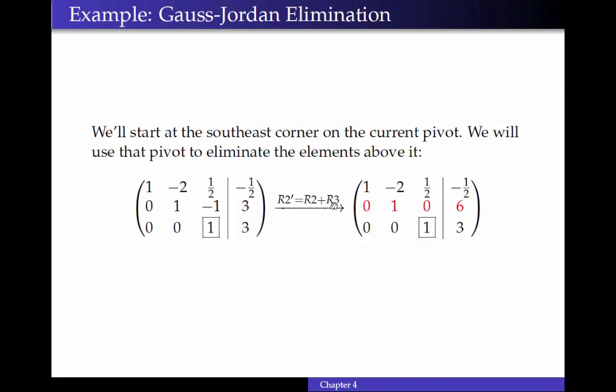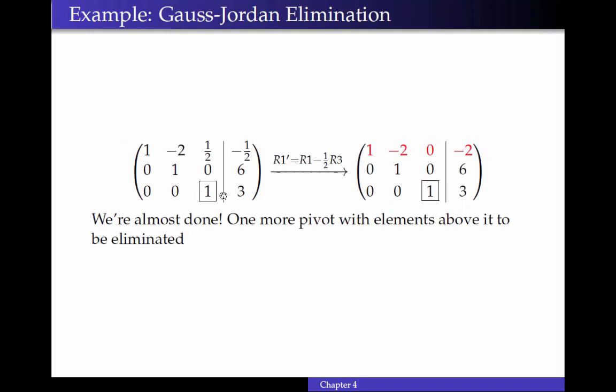So adding row 3 to row 2, we see now we get a 0 above the pivot, and then 3 plus 3 is this 6. And then we have to do the same thing with the next element above the pivot. In order to do that, I have to multiply this row by 1/2 and subtract it from this row. So row 1 minus 1/2 times row 3.